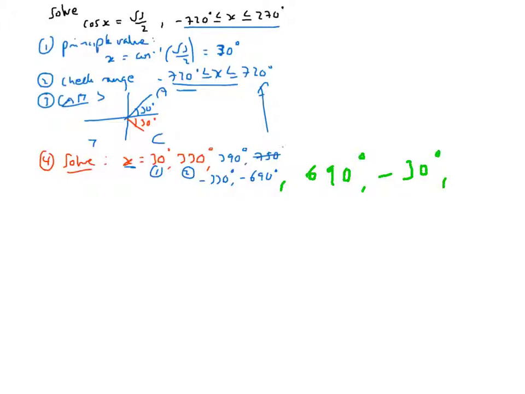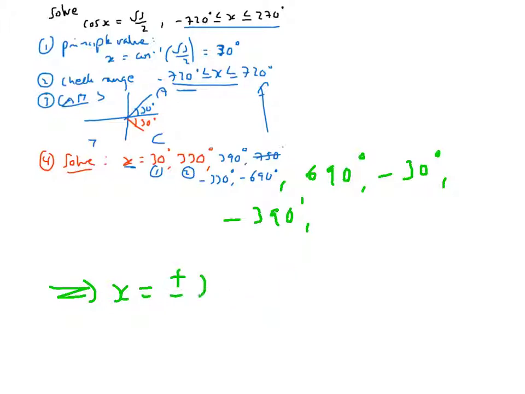Minus 360 again is minus 390 degrees. Minus 360 again is minus 750, too small, can't use it. So therefore, we're finished. X equals 30 degrees, minus 30 degrees, so you could say plus minus 30 degrees.